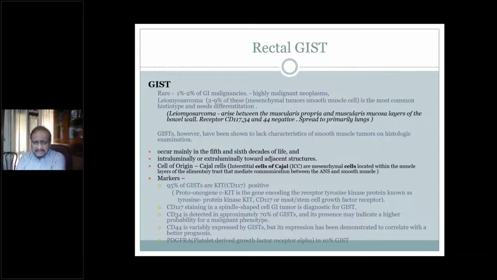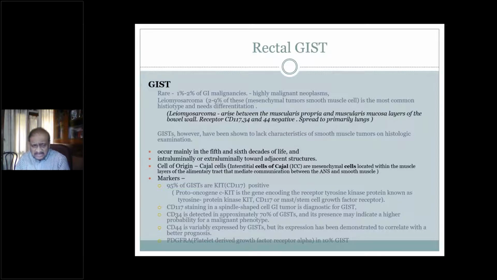So they will be presenting either as an intraluminal or extraluminal growth towards the adjacent structures, and you'll find the cell of origin as the Cajal cells. These are basically the interstitial cells, mesenchymal cells. They're located within the muscle, and they're responsible for the peristaltic activity, right? The markers are important. How do you identify a GIST? For identification of GIST, you basically have to have the KIT marker. They're all KIT positive. 95% of them are KIT positive.